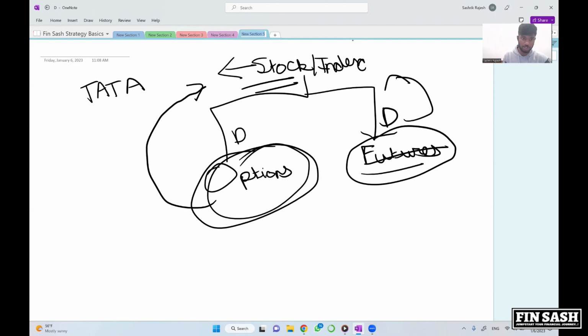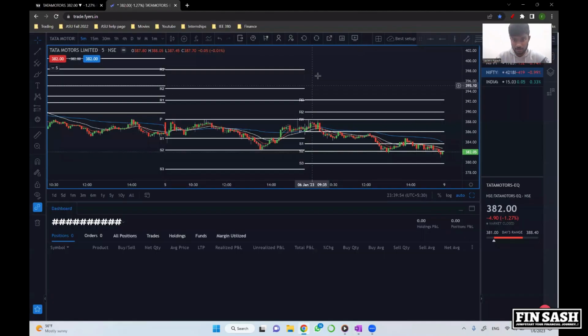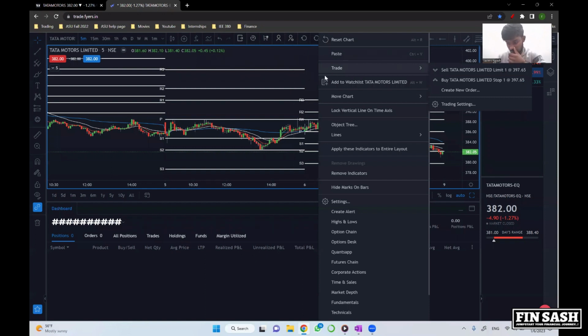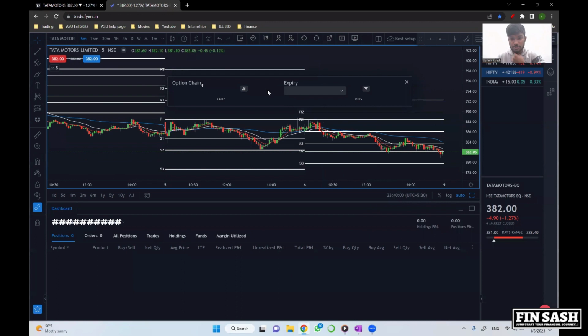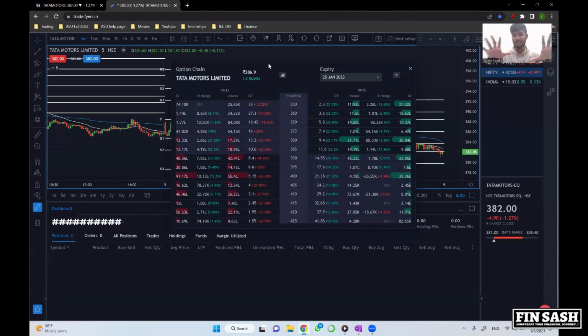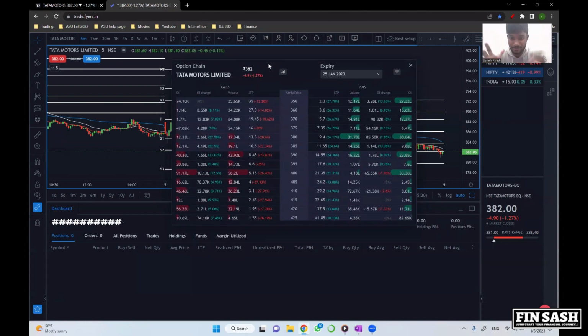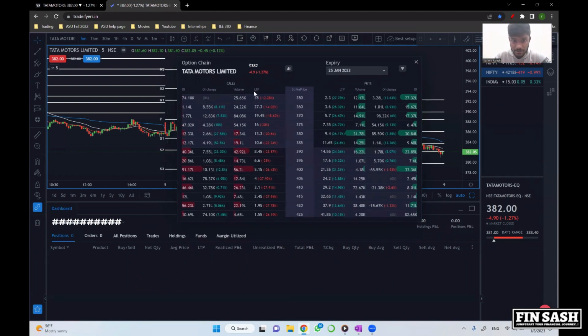For example, let's take Tata Motors again. Tata Motors is a stock, right? If you go into FYERS and right click again and go to option chain, this opens up, right? And it might look very complicated, but don't worry about it. Do you see here LTP and here LTP? It's basically the price, the derived price.